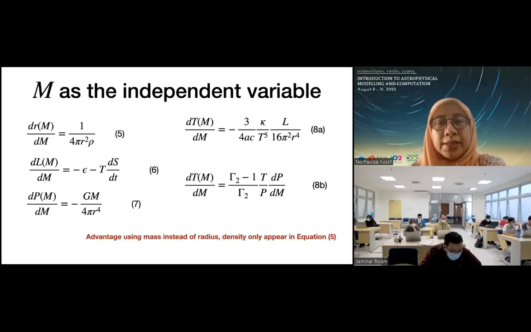But when we transform into mass, only the radius equation contains the density. In the other equations, the density has vanished.